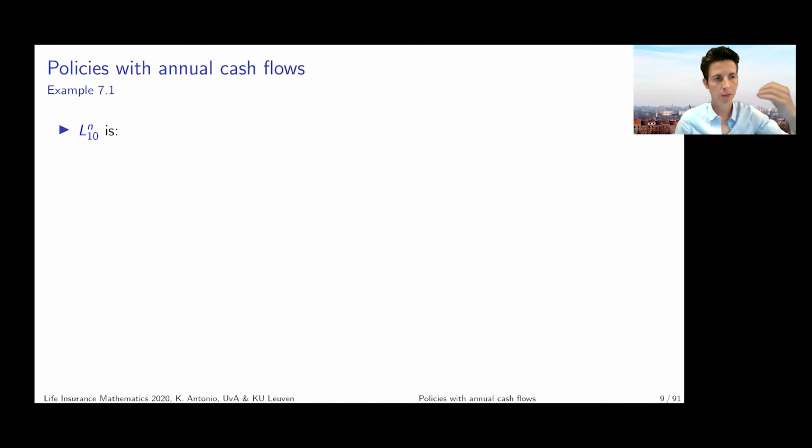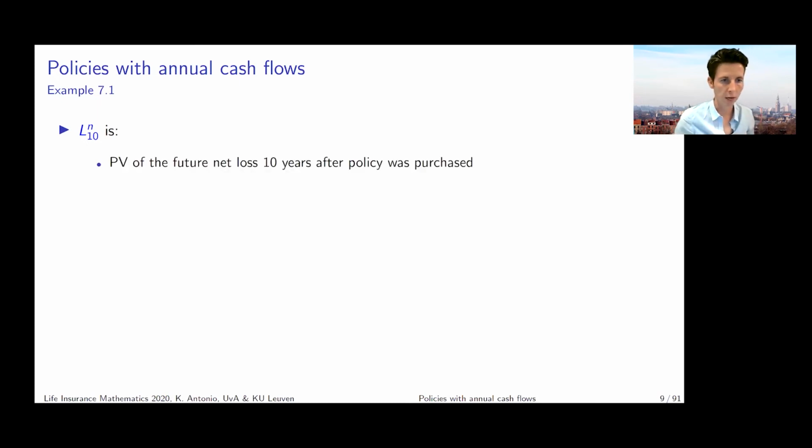That means I'm going to start with explicitly writing down the future loss random variable at time 10, and then afterwards I'm going to calculate the expected value of this random variable L. If you're very good with this chapter, then you can skip this first step and immediately write down the expected value if I'm asking you to calculate a policy value. But first of all, we're going to do it the long way.